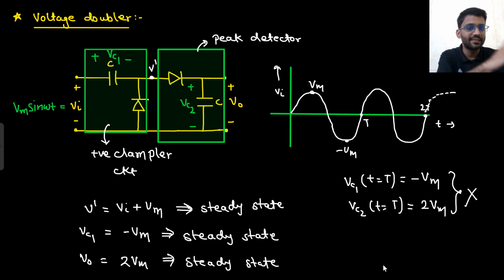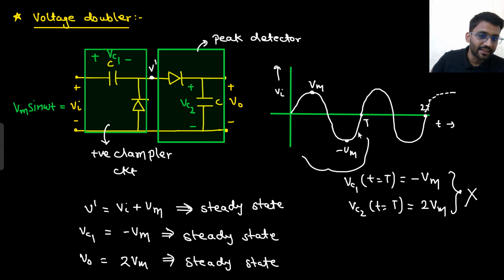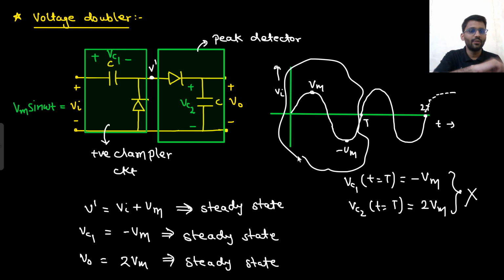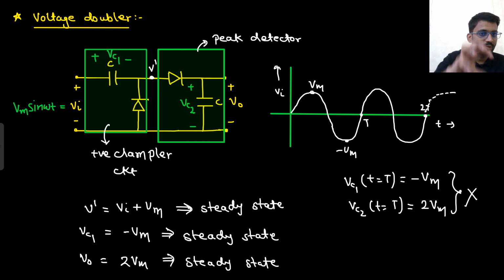This is happening at steady state. What will happen in this cycle? That I will tell you later on. We will solve a problem where we will see what happens in a particular cycle. Then these kinds of cycles are repeated and then we reach the steady state.